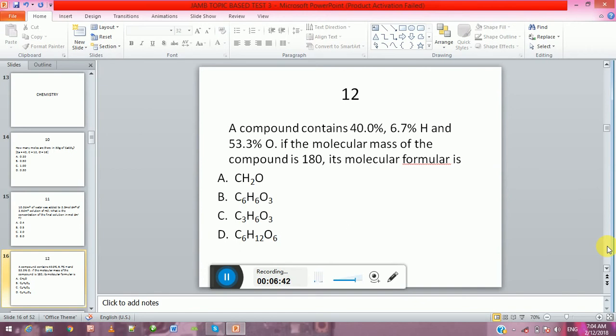If the molecular mass of the compound is 180, its molecular formula is A CH2O, B C6H6O3, C C3H6O3, D C6H12O6.